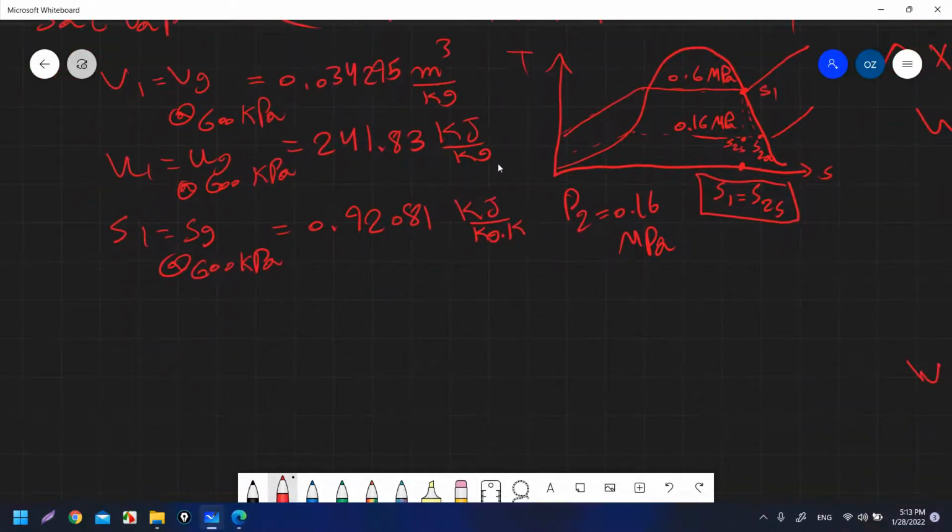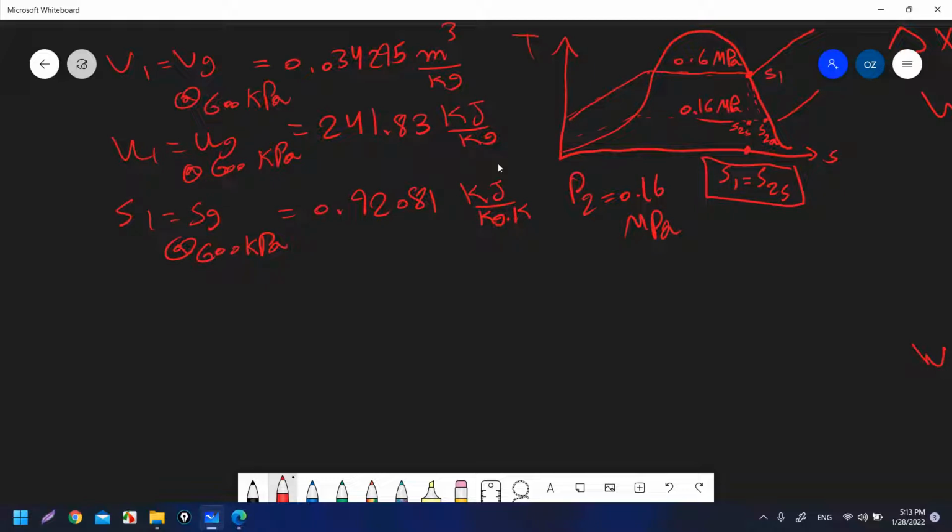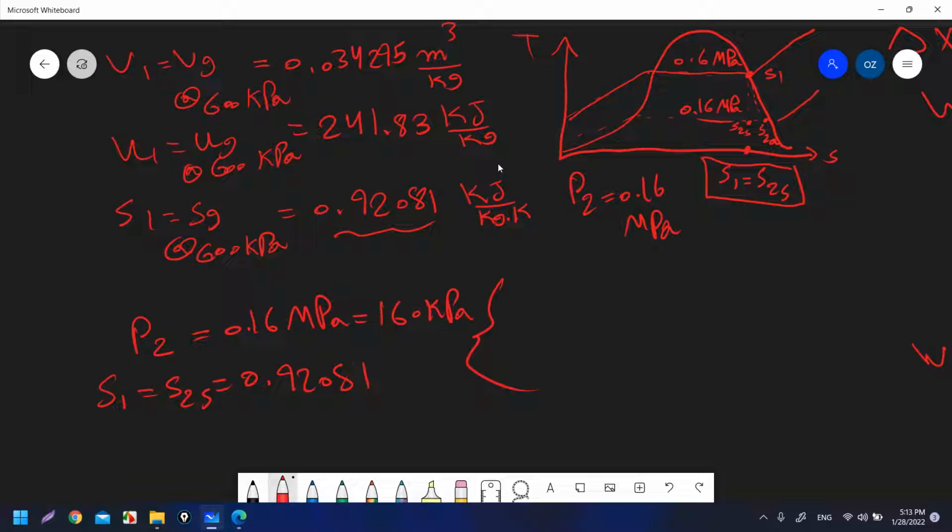Okay, and then we want to find the properties at state 2, so we use P2 and S1 equal to S2s, equal to this value that we got, 0.92081, and P2 is 0.16 megapascal, which is equal to 160 kilopascal. But first, let's see if this state is a mixture or superheated.